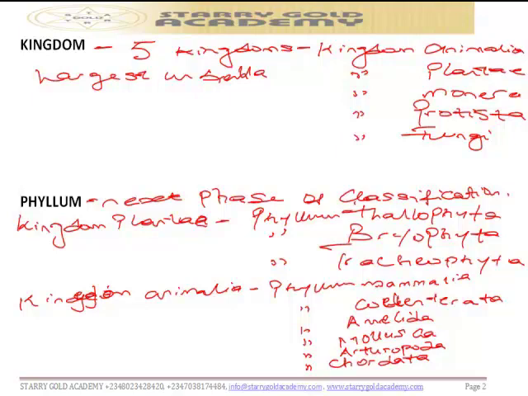Let's say phylum Porifera. We can refer to our biology textbook if we don't understand any of this. They are easily explained there. So let's continue.